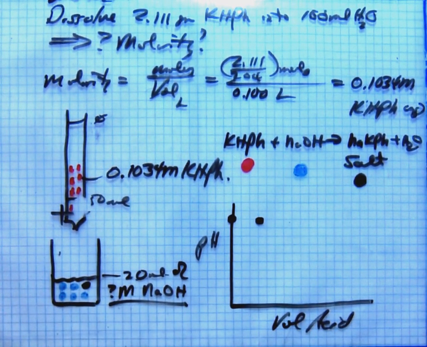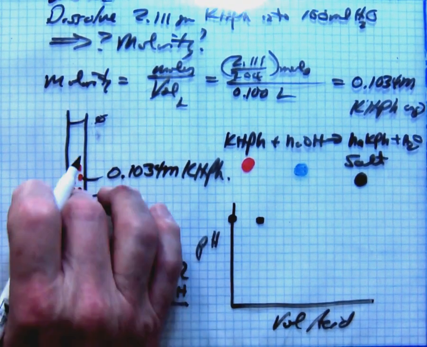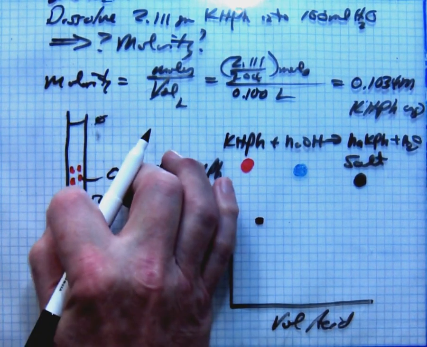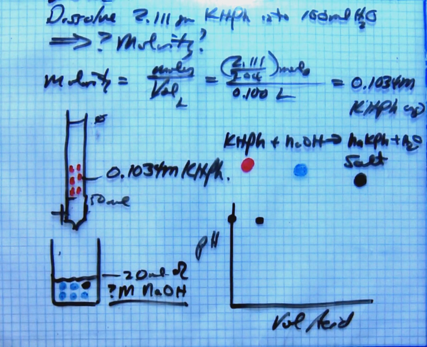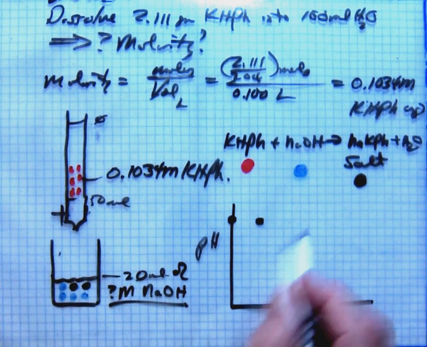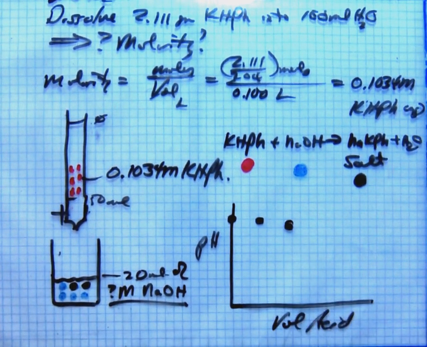That's your first dot. It's going to come down just a little bit because we've added some acid. Okay, we come in here and we add the next one in. So now our dot's going to go to about right there. So it's going to come down in pH as we're reading it.